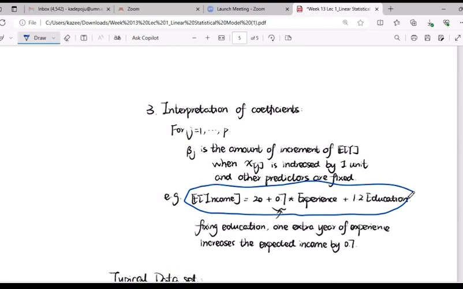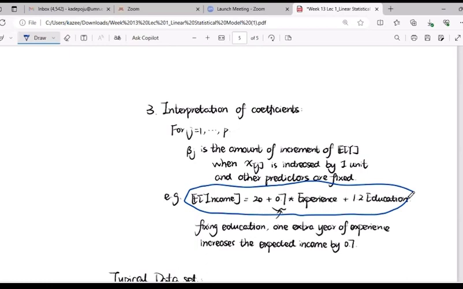And that was why, if I want to interpret it, I said fixing education means keeping education constant, or adjusting for that, or controlling for that. In the actual sense, we're trying to say for every unit increase in experience, after controlling for education, we expect, on average, the average income to go up by 0.7.